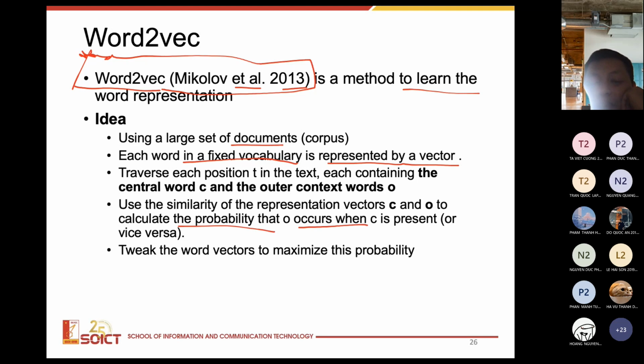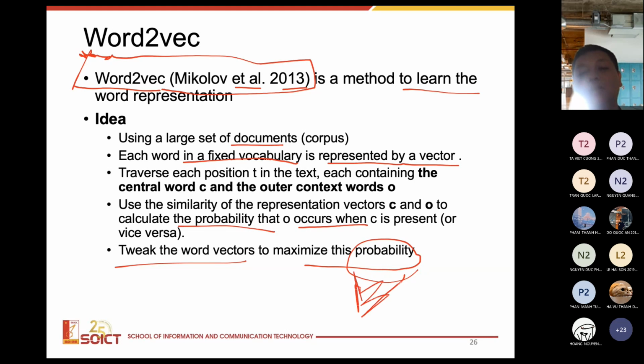I mean, the probability that we have C and then find O in the context, or when we have O in the context, the probability that C is the center word. The algorithm will tweak the word vectors to maximize this probability. This is like the loss function for our optimization problem: maximize the probability of having O if we have C, or C if we have O.